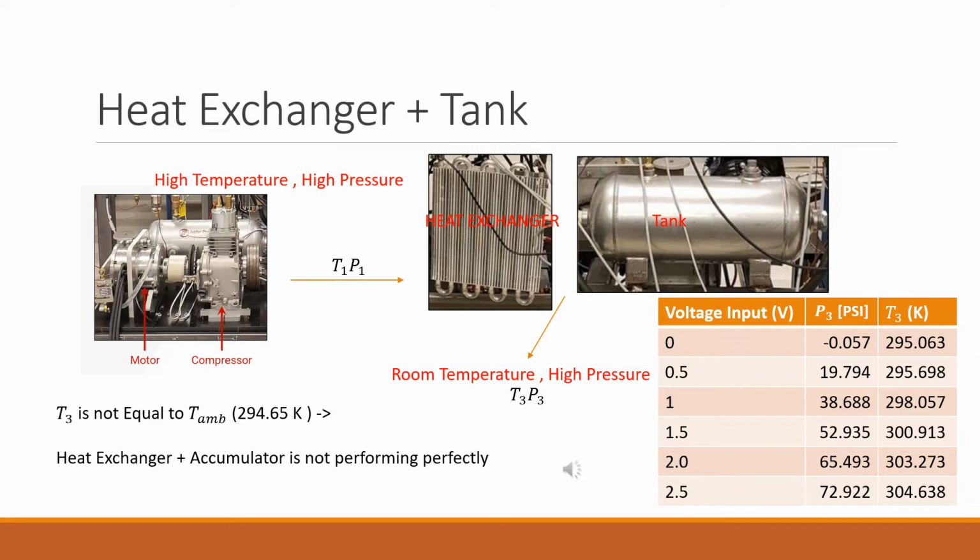The results show that the subsystem fails to produce output temperatures that are close to room temperature at higher voltage inputs. This adds liability to the entire refrigeration system performance at higher voltage inputs because the subsystem is failing to produce the intended output temperature at higher voltage inputs.